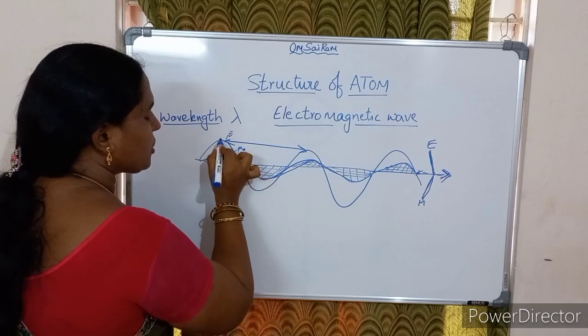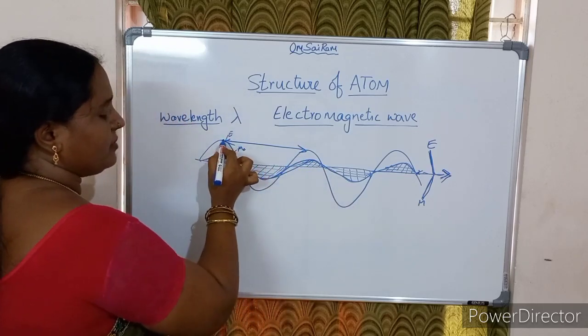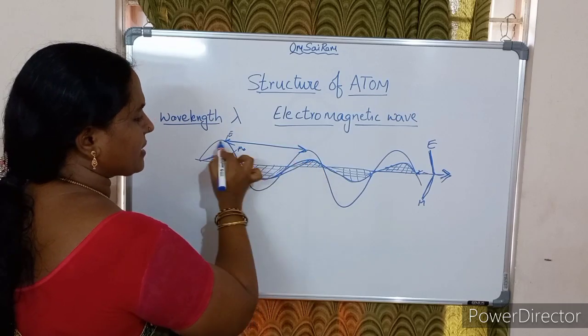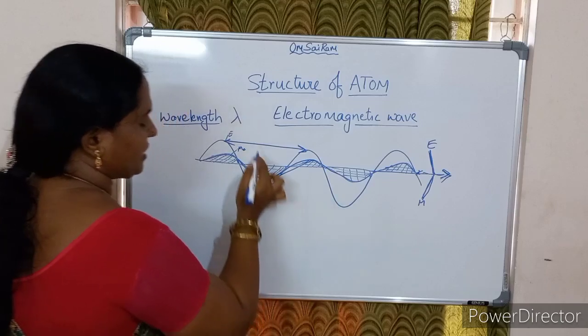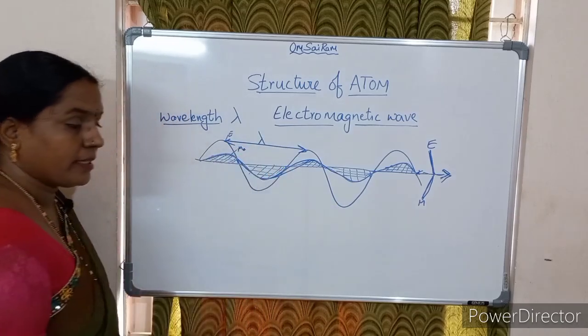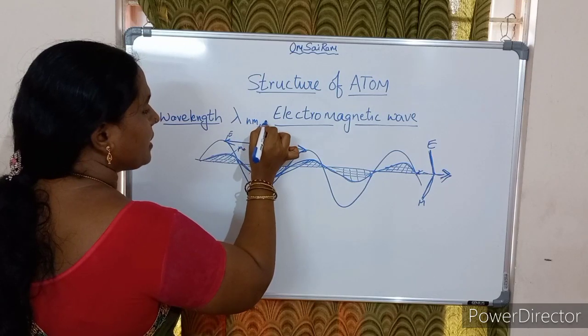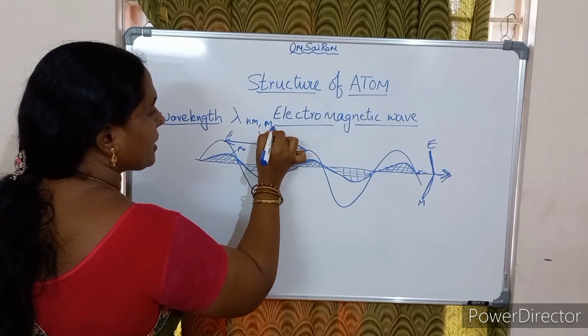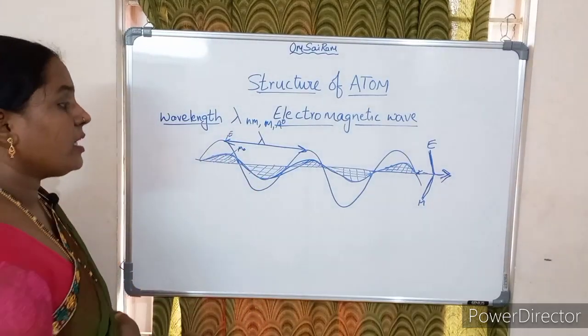The upper portion is called the crest, the lower portion is called the trough. The distance between two successive nearby crests or two successive troughs is called the wavelength. It is measured in nanometers, meters, angstroms, like that. This is wavelength.